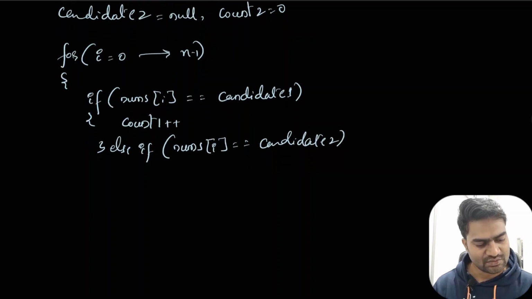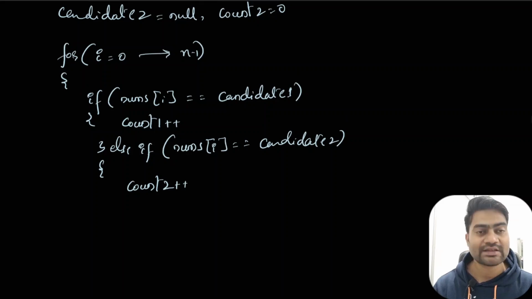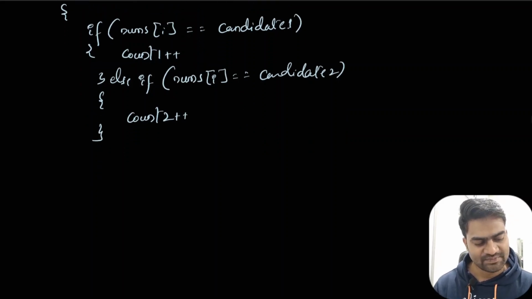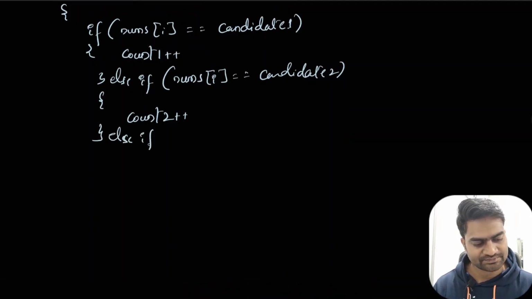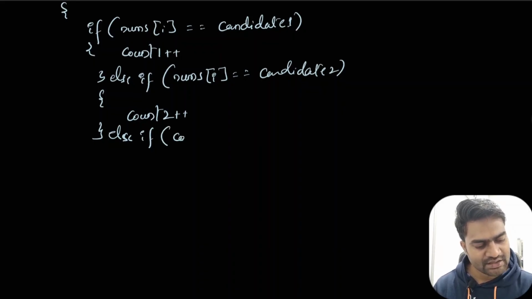If it is equal to candidate 2, then I will have to increase the count of candidate 2, so I will do count 2 plus plus. If this is also not the case, then in the else if, I will check my count 1 equal to 0.